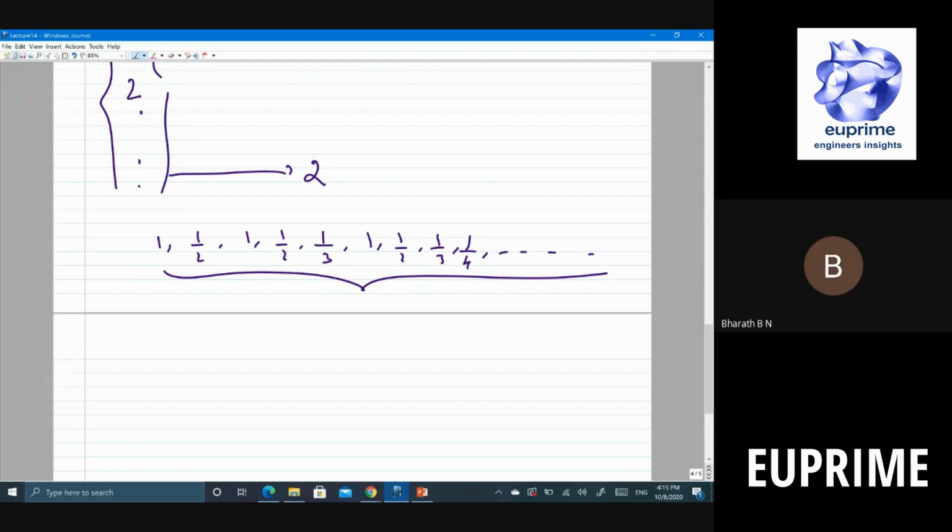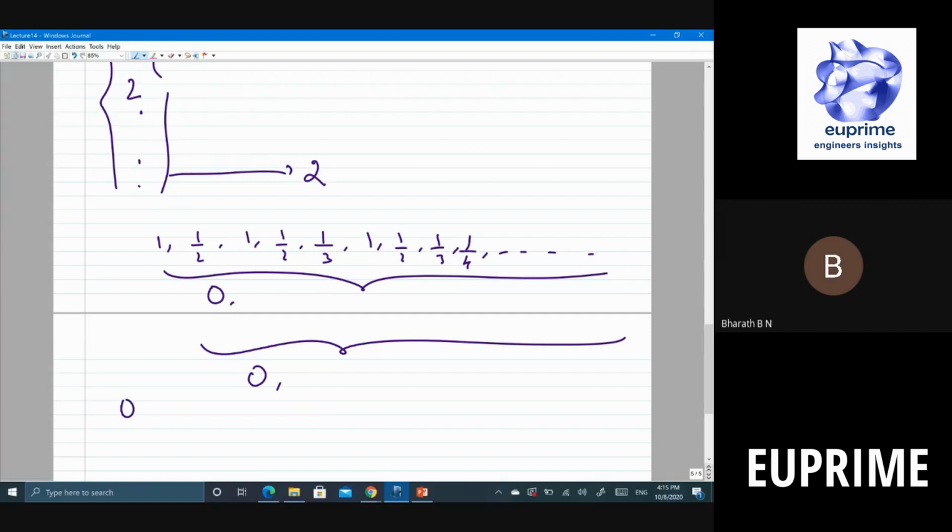That's the sequence. So the infimum is obviously 0, right? If you start from the entire thing, it's 0. If you start from the second, it is 0. If you start from the third, it's 0. So you get a sequence of zeros, then you take the limit or the supremum. So it is 0. So lim inf is 0.